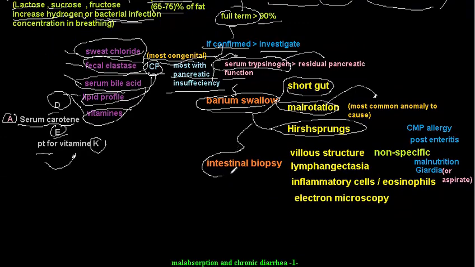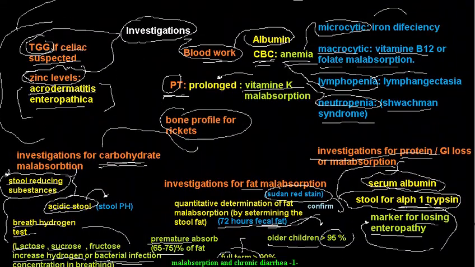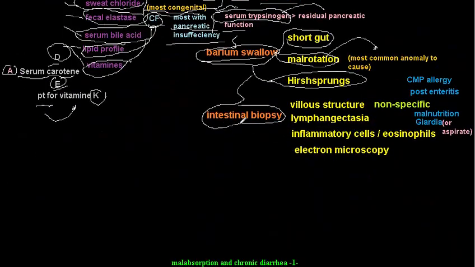Also, intestinal biopsy is very important. Intestinal biopsy, by the way, is the most confirmative test for celiac disease. In the biopsy you can see villus atrophy. Actually villus atrophy is non-specific; it may be with cow's milk protein allergy, or with post-enteritis, giardia, or malnutrition.